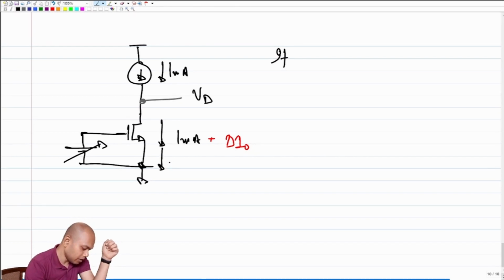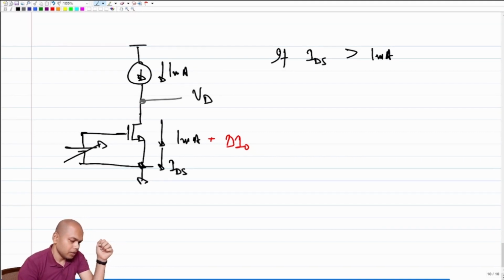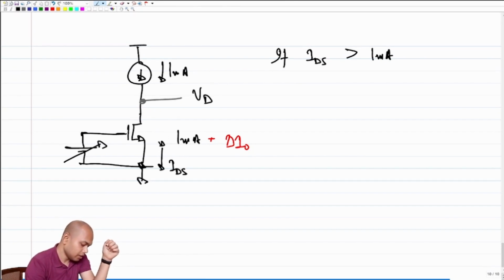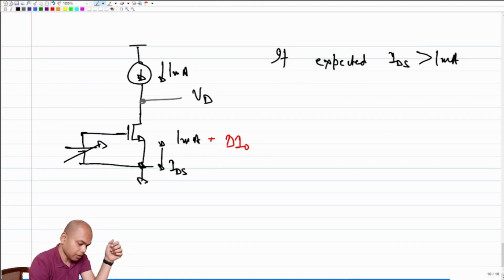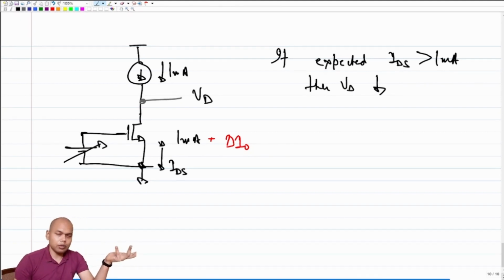Let me call this IDS of the transistor. If expected IDS is greater than 1 milliamp, then VD will decrease and the transistor will go into linear region.